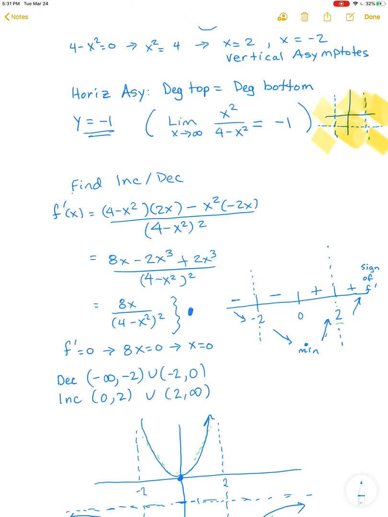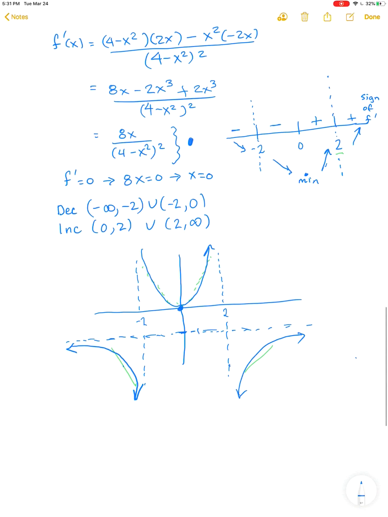Usually, if a function has a horizontal asymptote, it'll have only one. But there are some cases where it has different asymptotes on the left and on the right. And that's usually going to happen when we've got a square root somewhere.